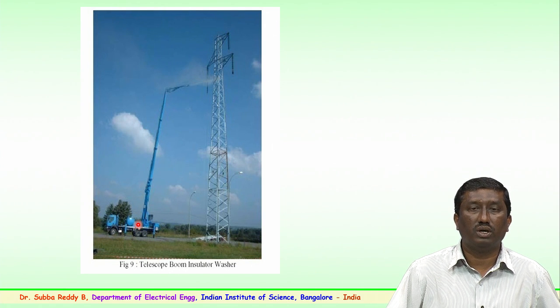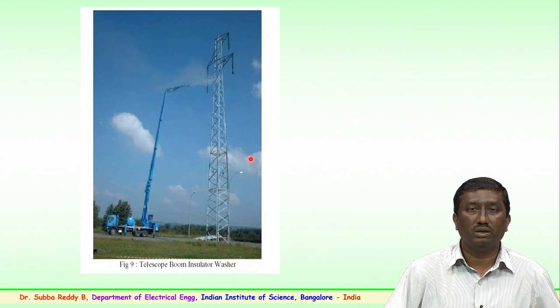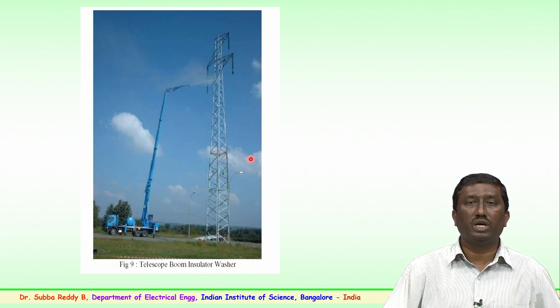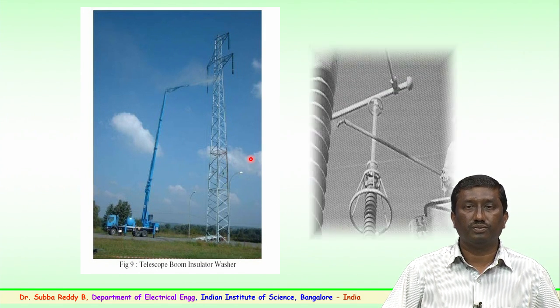This telescopic arrangement with a water jet at a particular conductive level tries to clear the insulators, so that the contaminants deposited over a period of time are removed, and particularly during the pre-monsoon conditions the flashover of the insulator does not happen.